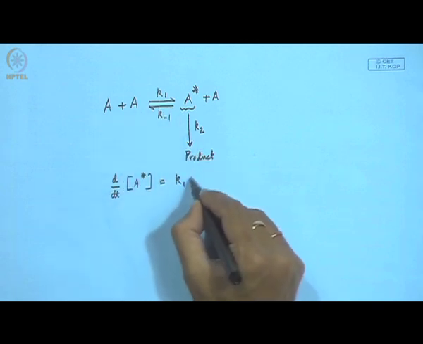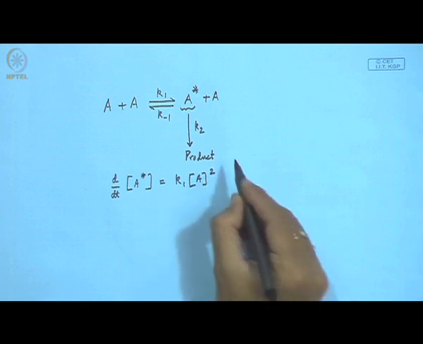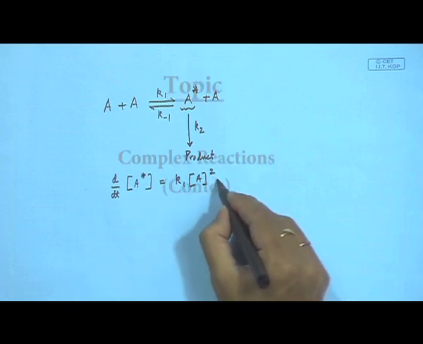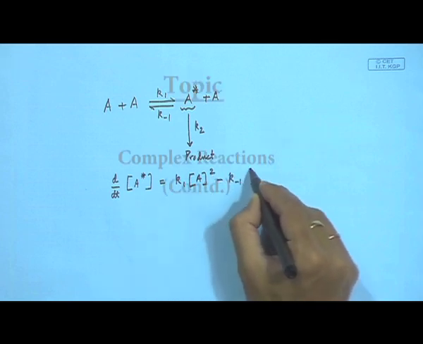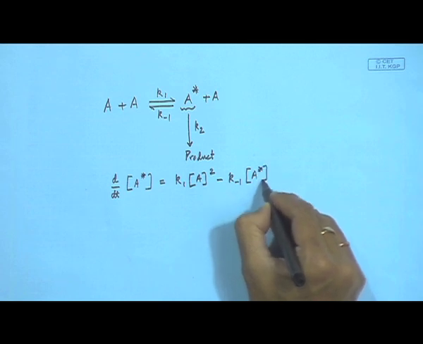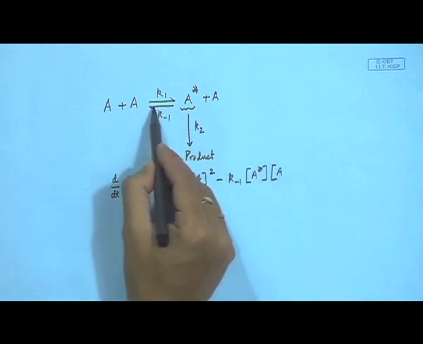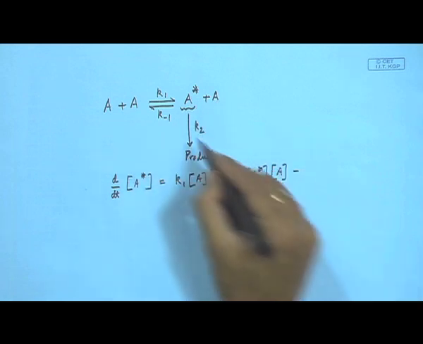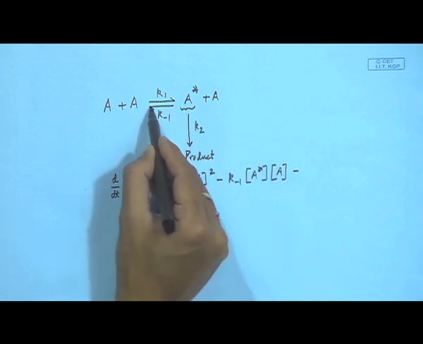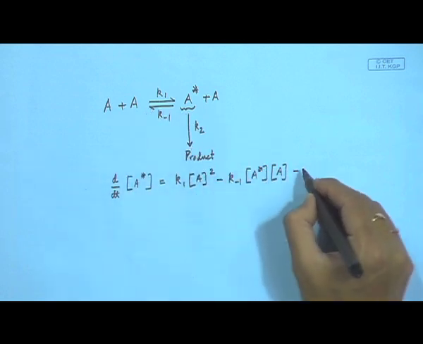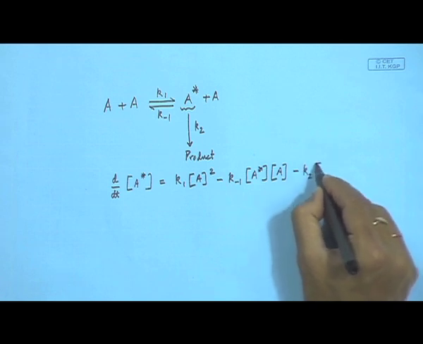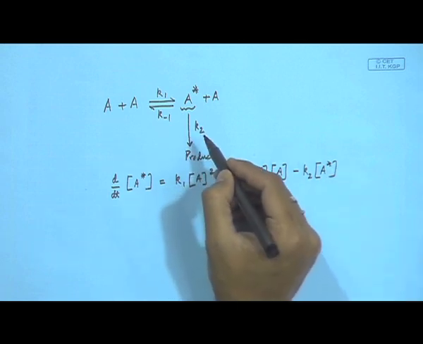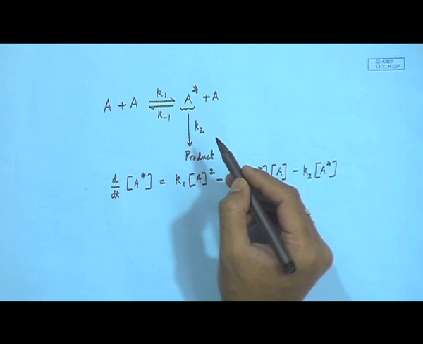K1 into A square, because A is coming 2 times, that is why A square, minus K minus 1 A star A. Why minus? Because it is depleted. Here also it is depleted: minus K2 A star. This is your step for giving rise to the product.